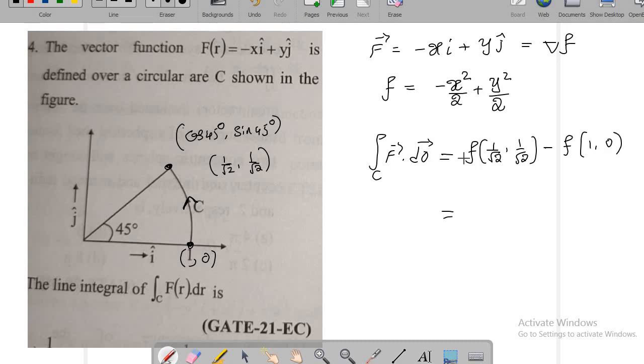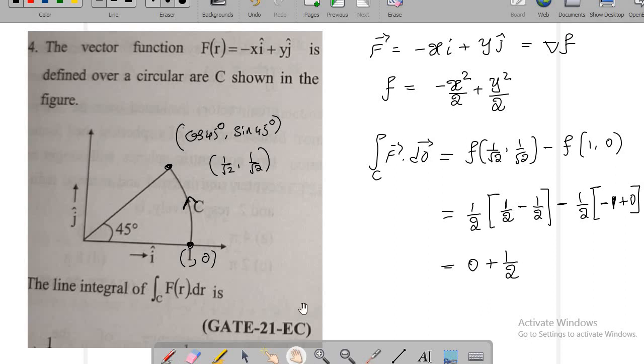So when you substitute the ending point here, 1 by 2 is common, right? Y square, that is 1 by 2, minus x square, which is 1 by 2, that will become 0, minus of 1 by 2 into minus 1 square plus 0 square. So finally you get 0 plus 1 by 2. Therefore 1 by 2 is the answer.